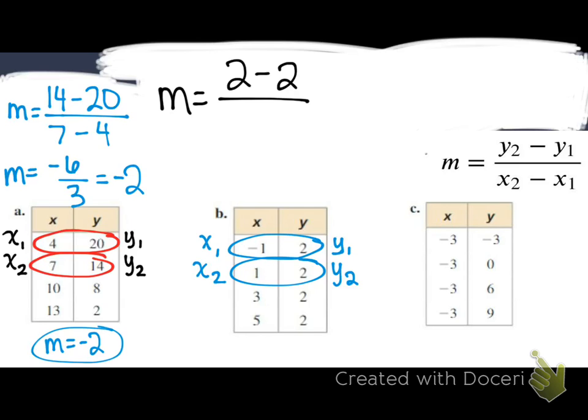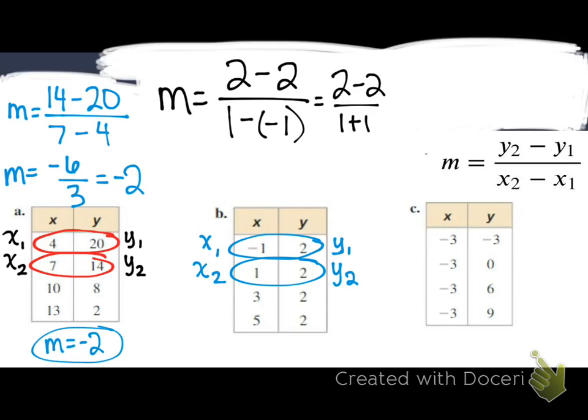So I would be careful here. We can kind of work this either way because our y's are the same. But if I'm sticking strictly to this formula, what is my x2? The positive one minus negative 1, so that would be a plus sign: 2 minus 2 over 1 plus 1.